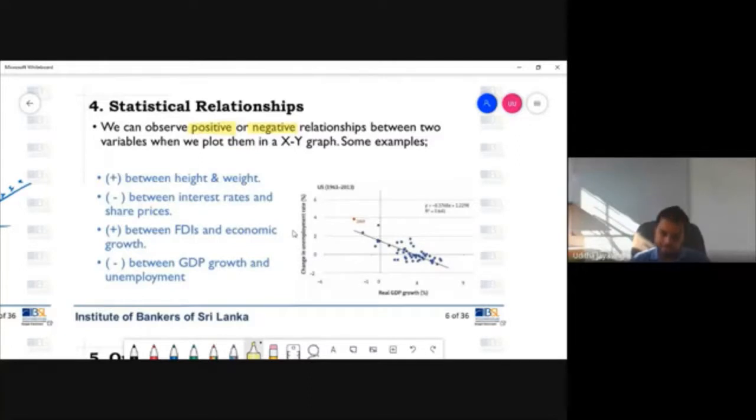Okay. The first one I'm going to quote is the positive relationship between height and weight. My classic example I'm always quoting. Sometimes if you go to a doctor and try to measure your weight, you may have seen a graph called BMI, body mass index.